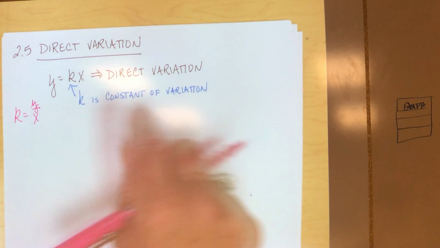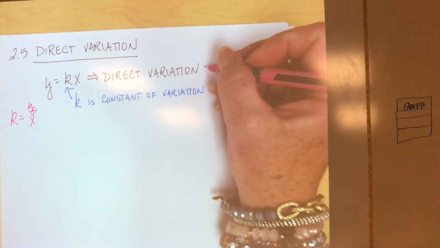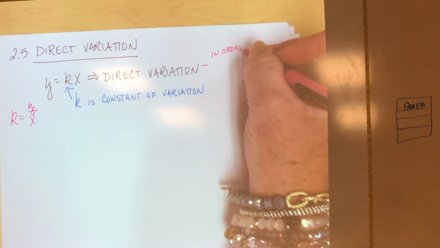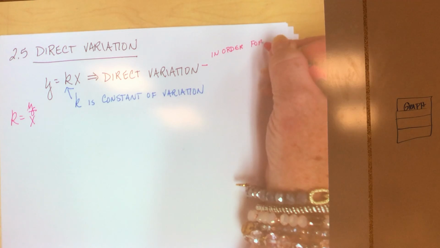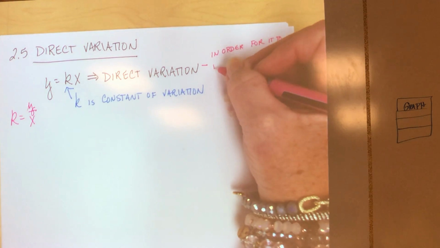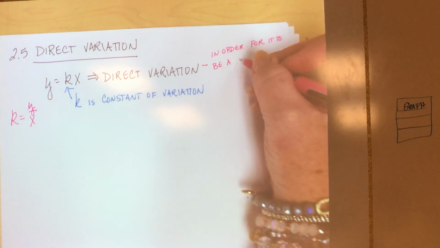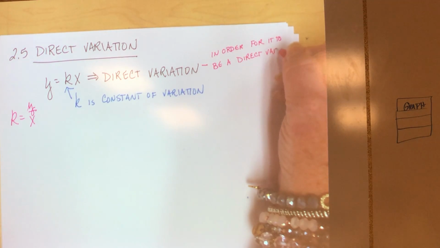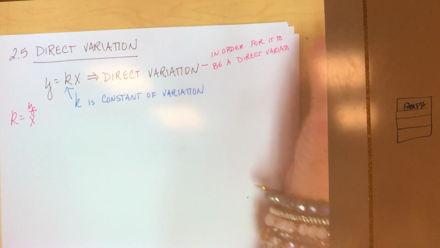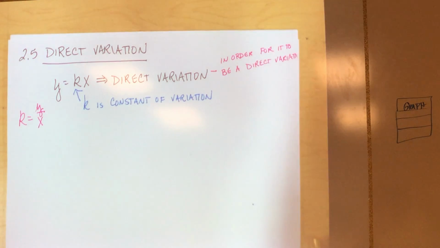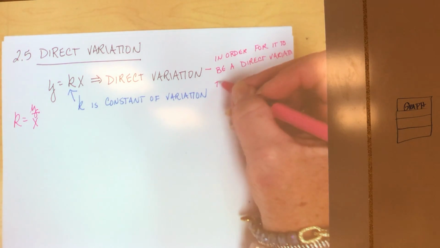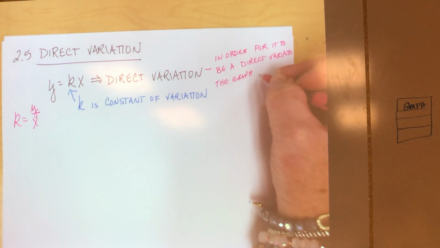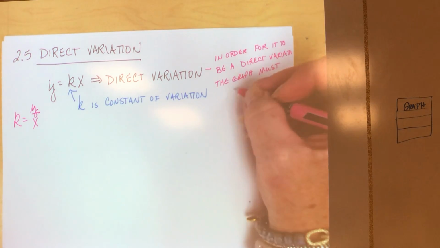So, now let's see if you can complete this sentence. In order for it to be a direct variation, the graph must go through what?